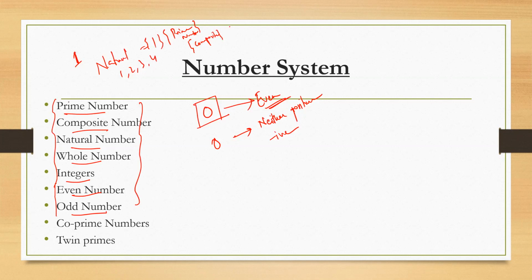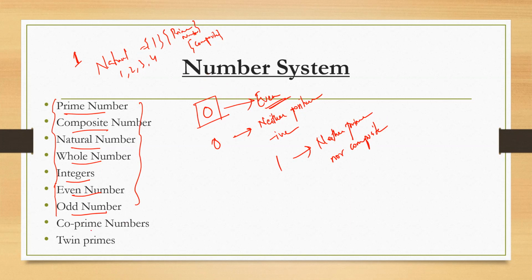So natural numbers is basically a combination of one and then prime numbers and composite numbers. So from here you can clearly see that one is actually neither prime nor composite. So this we have discussed already in the last class.